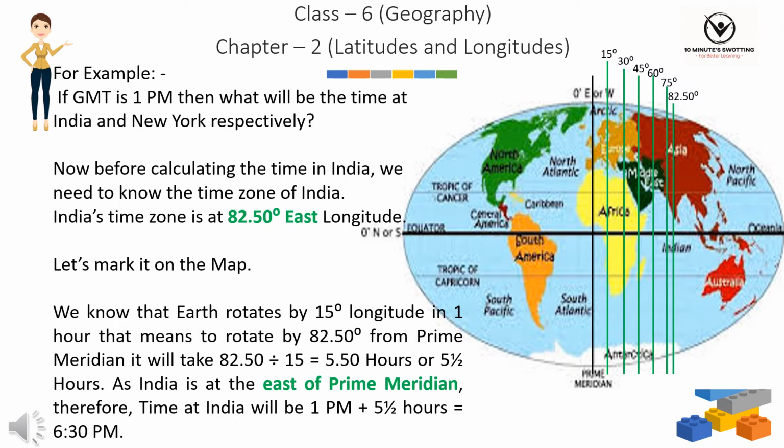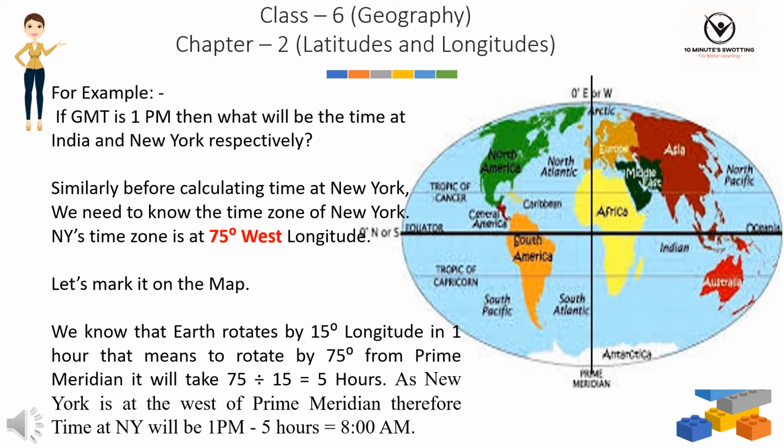That means to rotate by 82.50 degrees from prime meridian, it will take 82.50 divided by 15 equals 5.50 hours or 5.5 hours. As India is at the east of prime meridian, therefore, time at India will be 1 p.m. plus 5.5 hours equals 6:30 p.m.